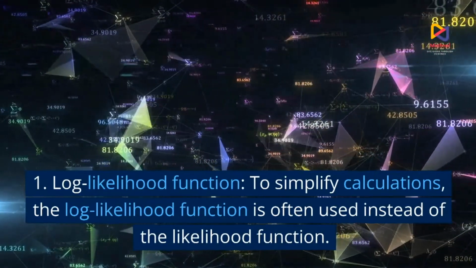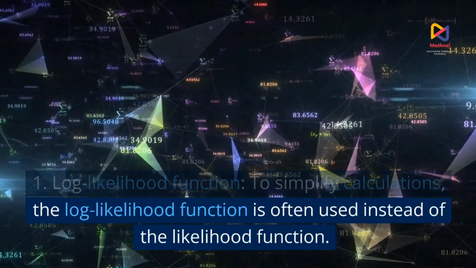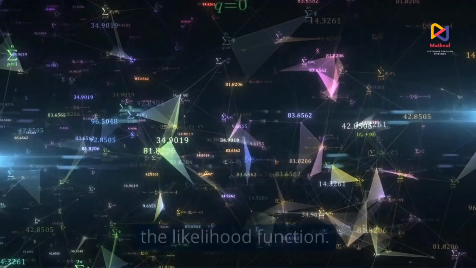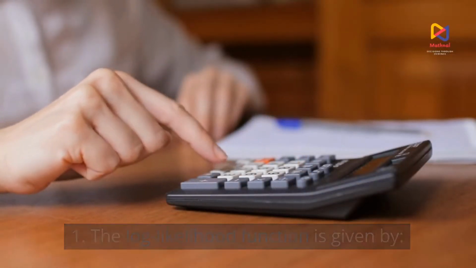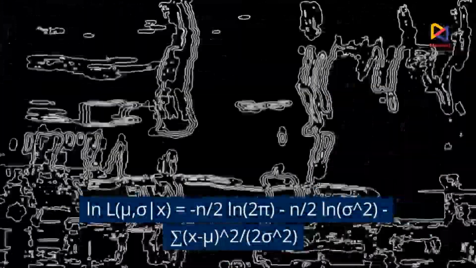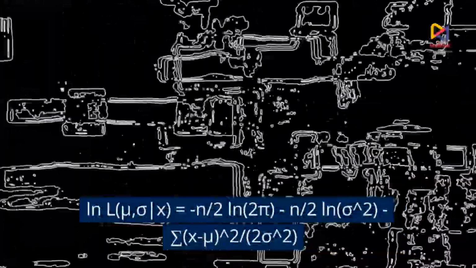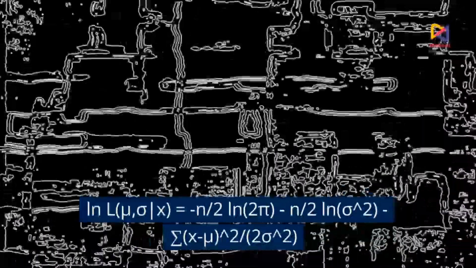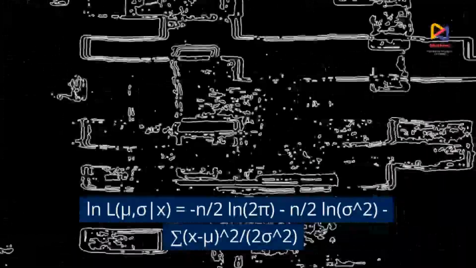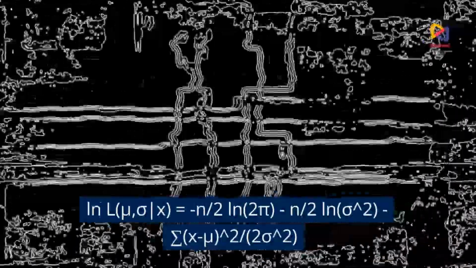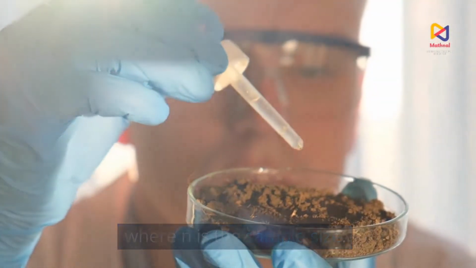To simplify calculations, the log likelihood function is often used instead of the likelihood function. The log likelihood function is given by ln L(mu, sigma | x) equals minus n over 2 ln(2 pi) minus n over 2 ln(sigma squared) minus the summation of (x minus mu) squared over 2 sigma squared, where n is the sample size.